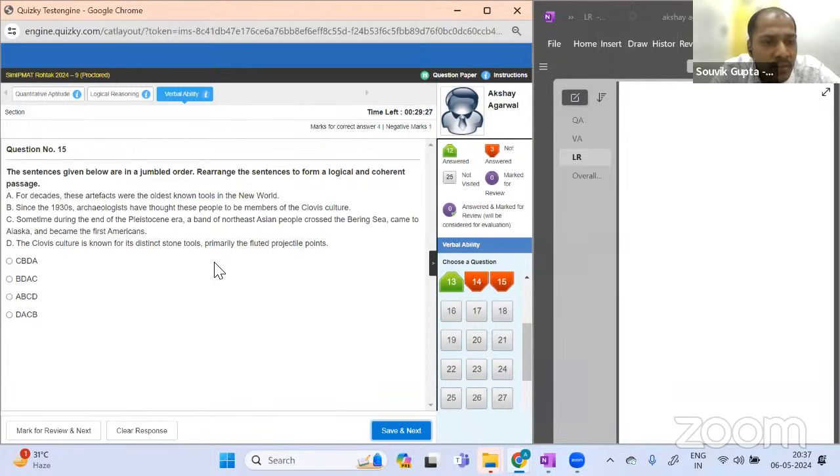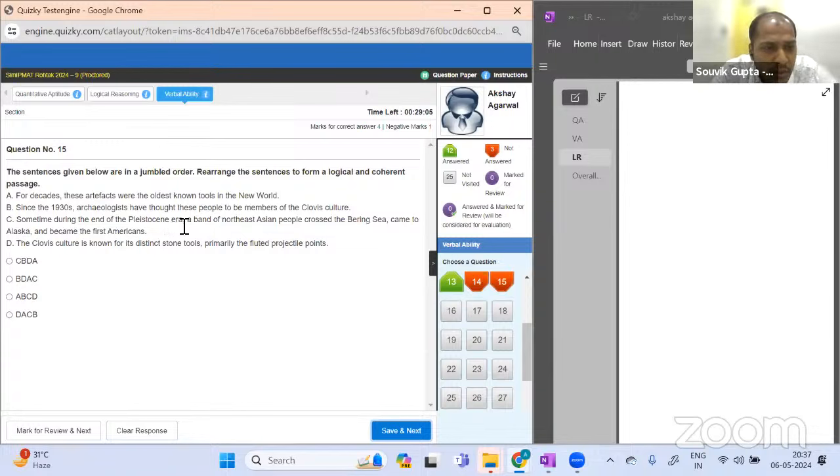For decades, these artifacts were always known to the tools in the New World. Sometimes during these artifacts, which artifacts, sometimes since the 1930s, the archaeologists have thought these people to be members of the Clovis. So these cannot.